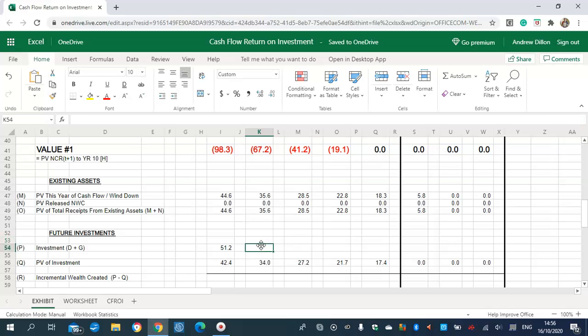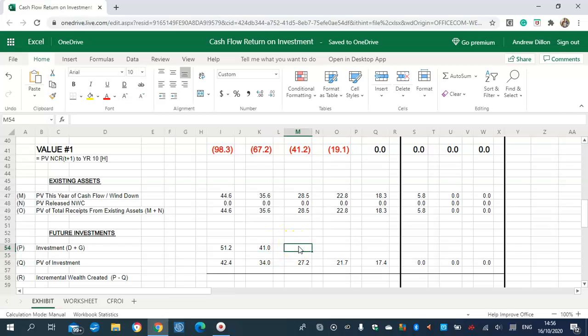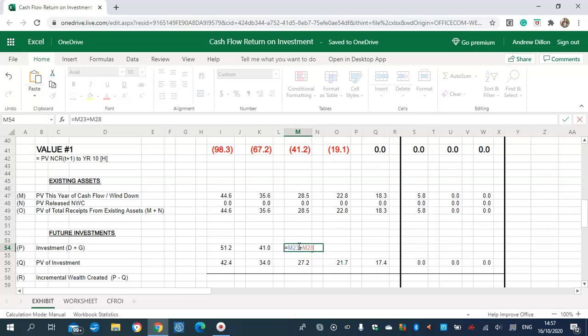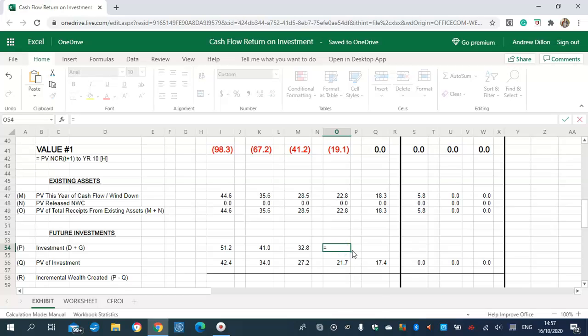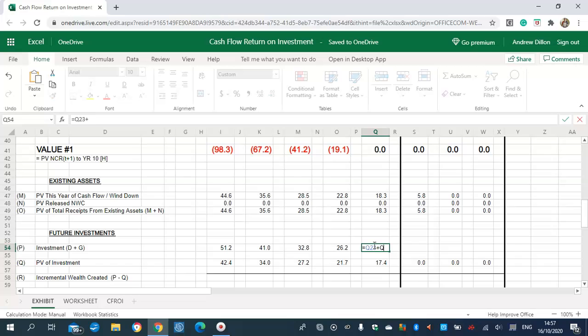Okay, here we go. Equals M23 plus M28. Equals O23 plus O28. As for this one, it's equal to Q23 plus Q28.